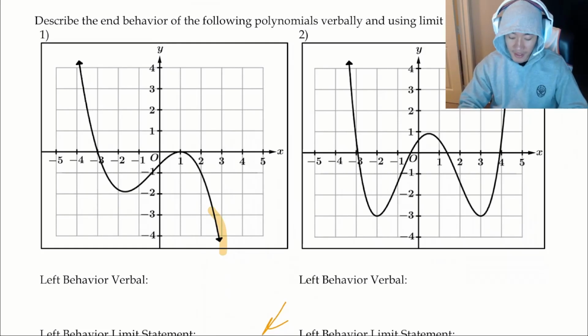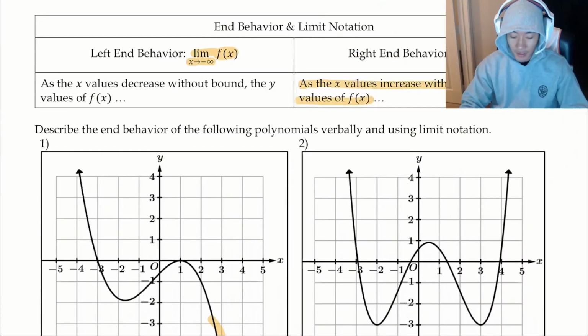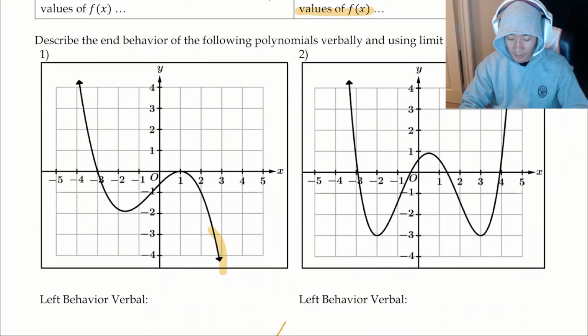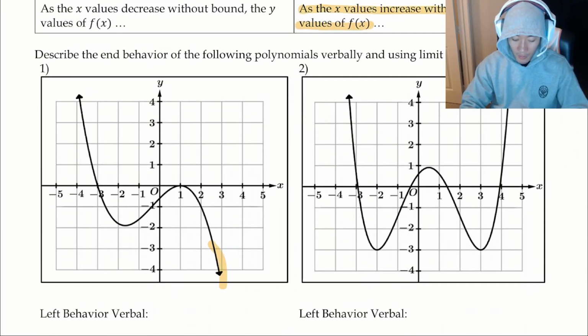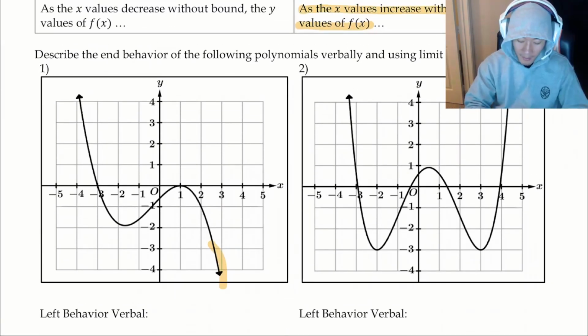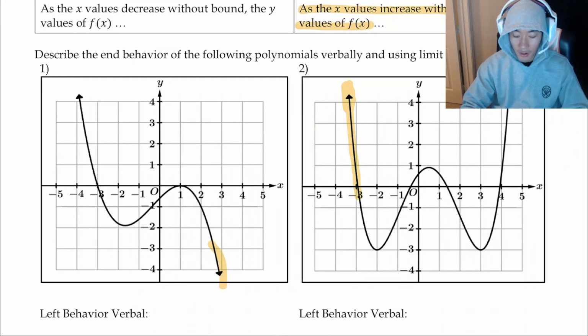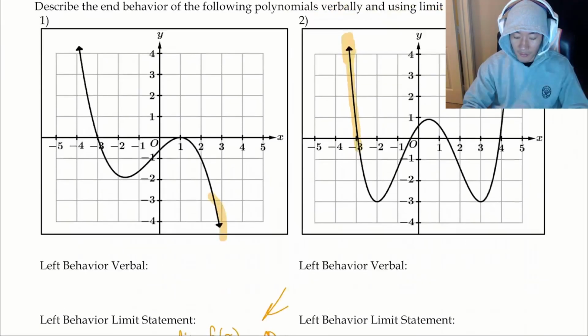All right, left behavior verbal. Verbally, I will say it the math way here and say that as we approach left, as x values decrease without bound, the y values in this case are going up. So as x values decrease without bound, this is what it means as it goes on forever, the y values are increasing to infinity or approaching infinity.